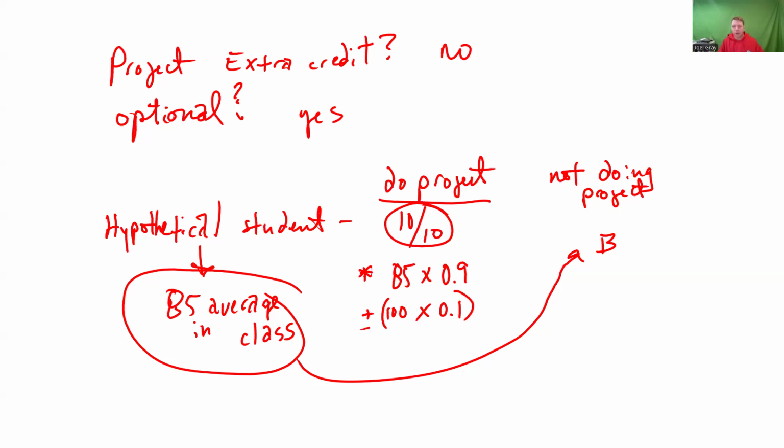So if they do the project, their grade would end up being 85 times 0.9, plus 10, which would end their semester with an 86.5. Could you give me a 5 in the chat if you understand the math and why I did the 0.9 and 0.1?